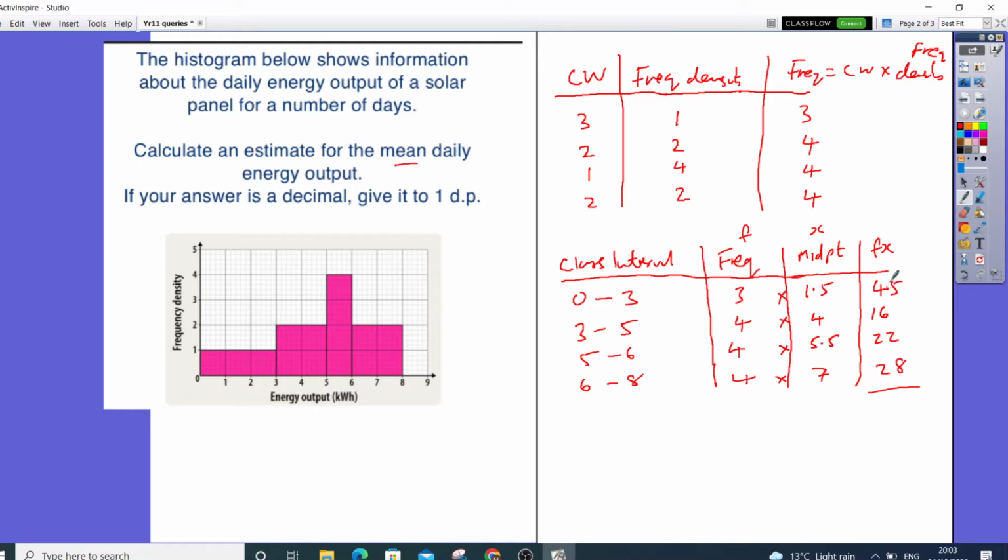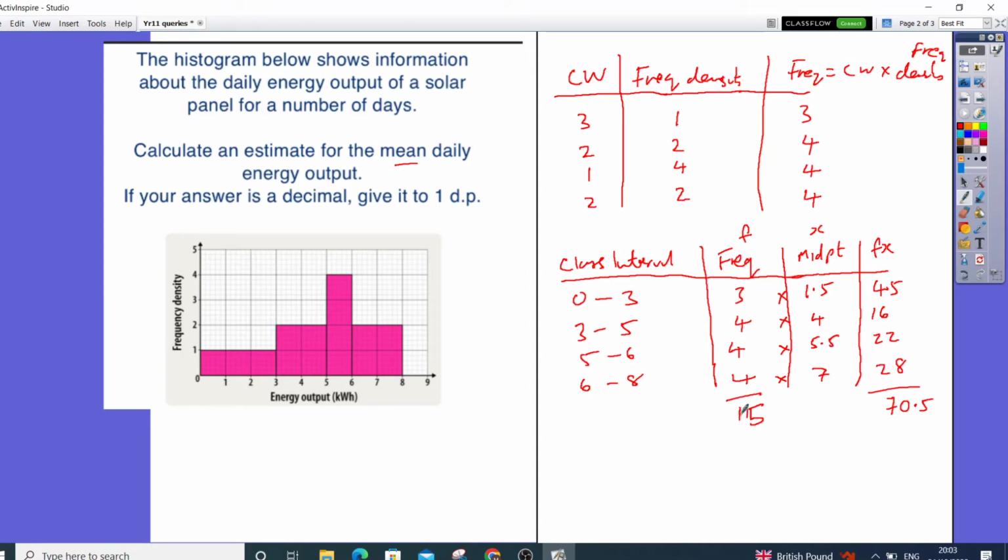So from here we get the total f times x. If we add those together, number bonds, that's 40, 50, 60, 70, 70.5. Just go do that again. 20, 40, 50, 60, 70, 70.5, and the total frequency is here. So 4, 8, 12, 15.